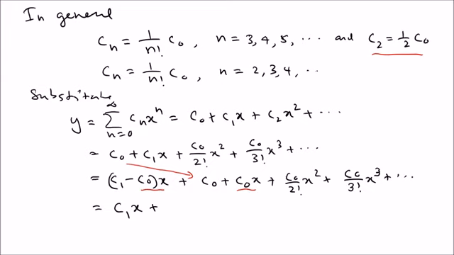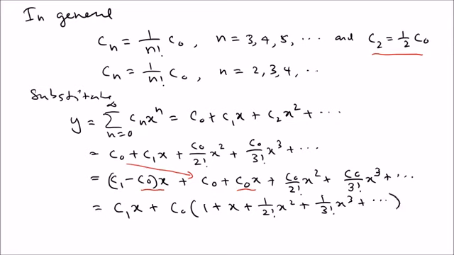Here we have this C0 term, so you can pull the C0 out. So what do you get? You get 1 plus x plus x squared over 2 factorial plus x cubed over 3 factorial plus, like that.